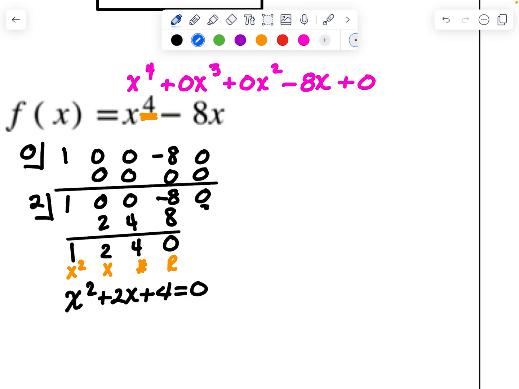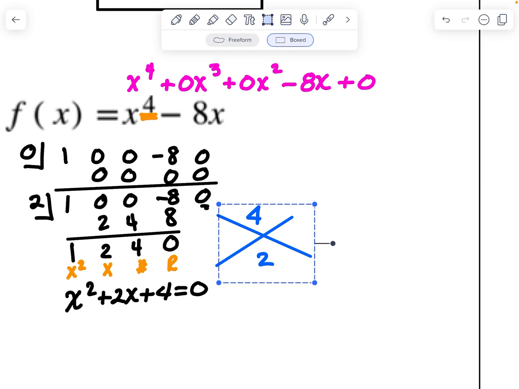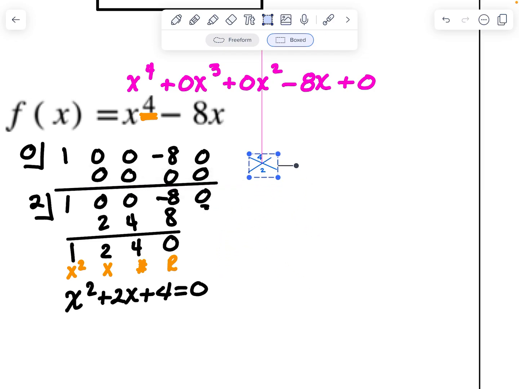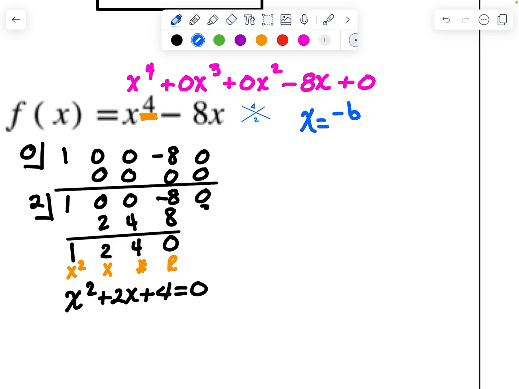We could see if it will factor. Are there any factors of 4 that add to 2? No, there are not. So this is not something that's going to work for us. What will work for us is the quadratic formula, which is x equals the opposite of b, plus and minus the square root of b squared minus 4ac, all divided by twice a.